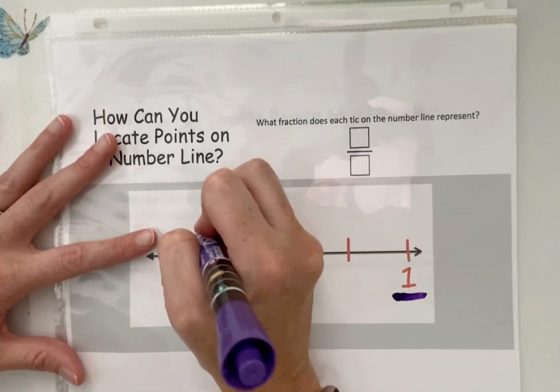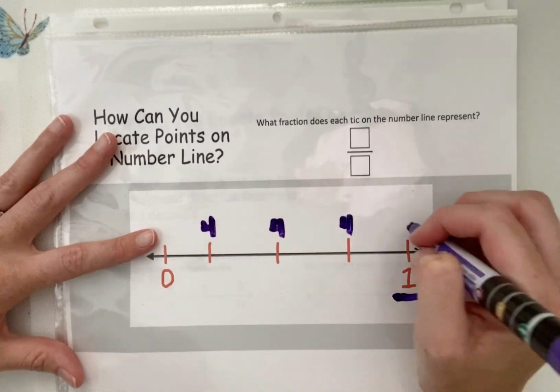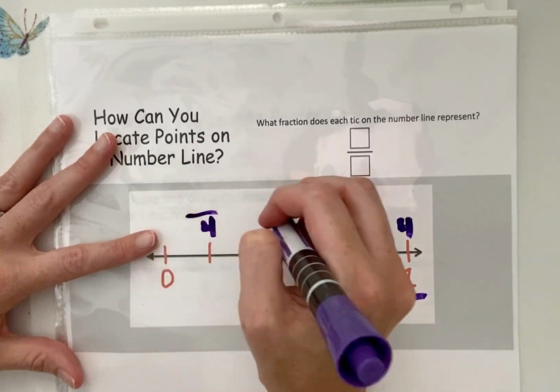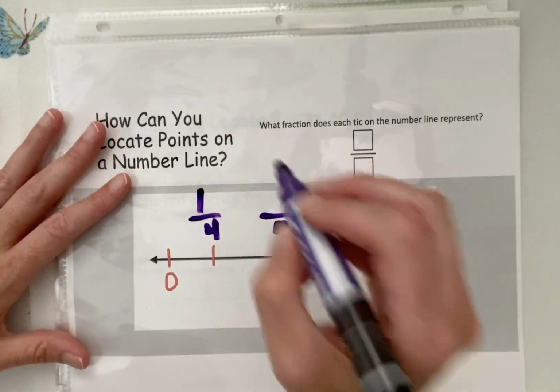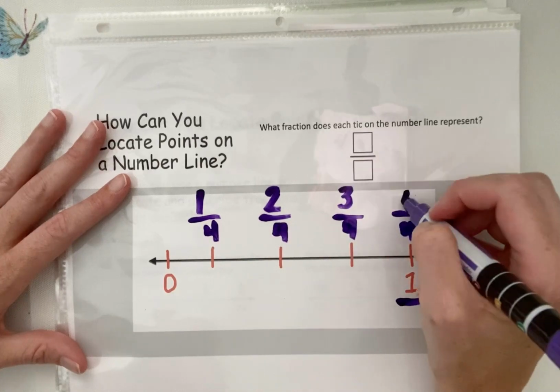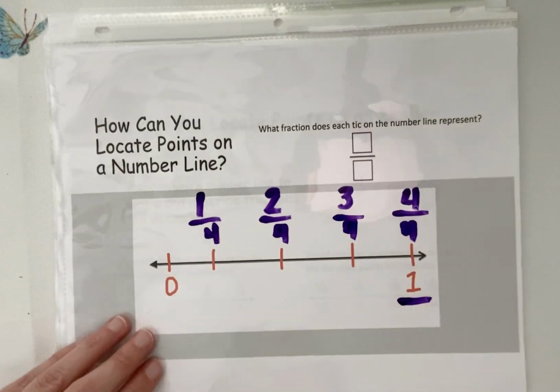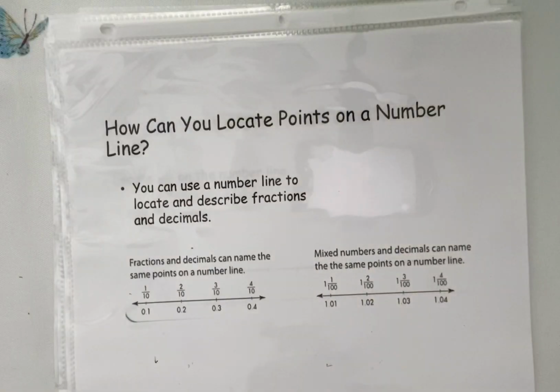So if I write that as a fraction, even the 1, it's in fourths: 1/4, 2/4, 3/4, and 4/4. So each fraction represents fourths.